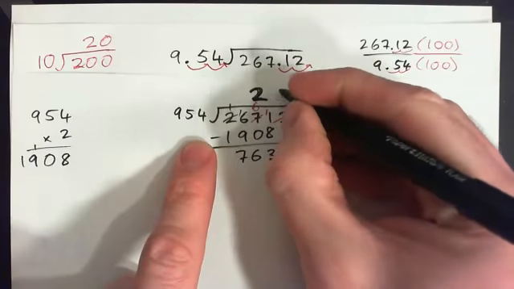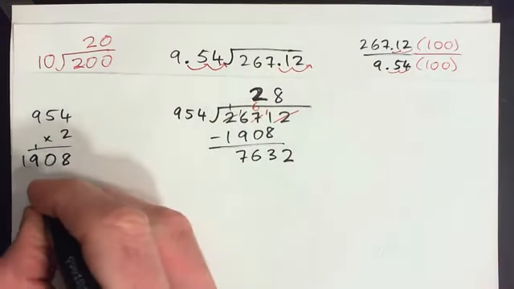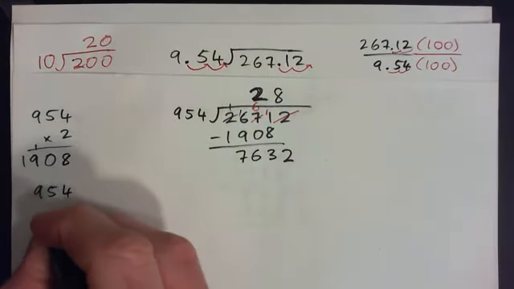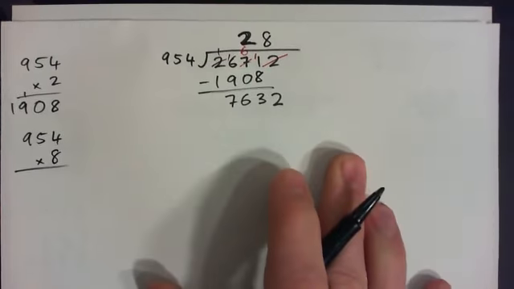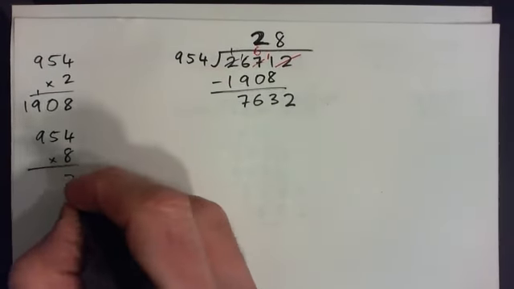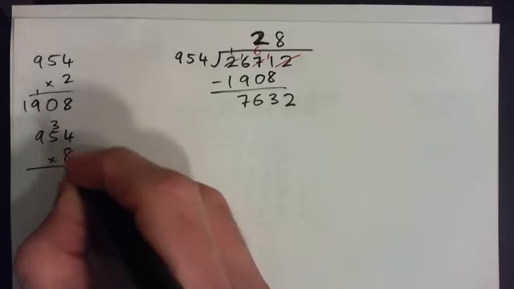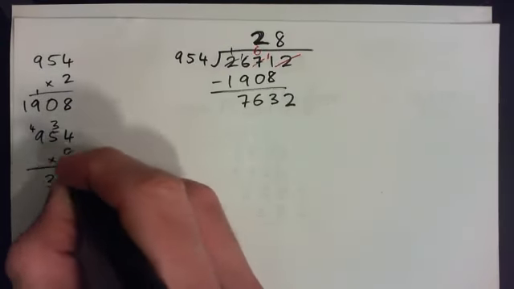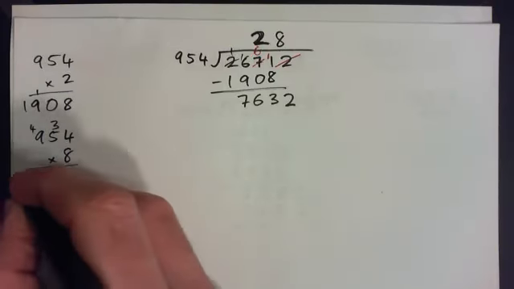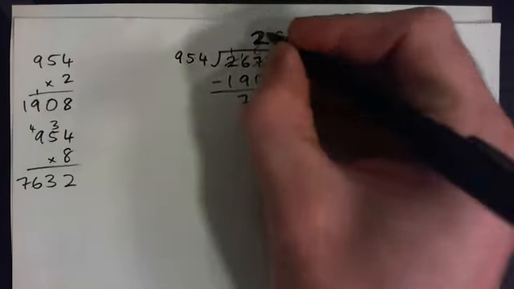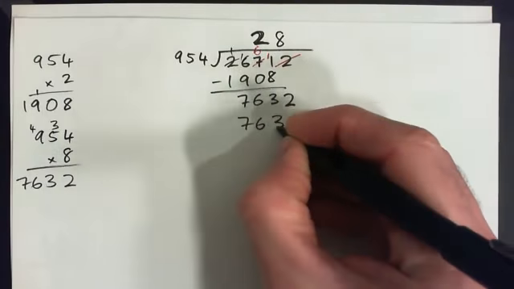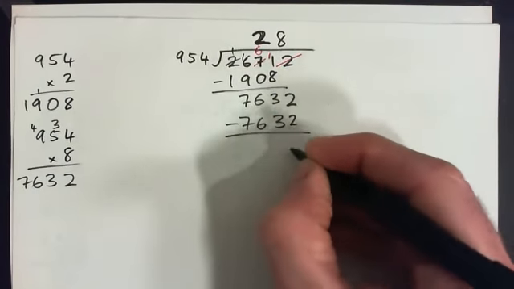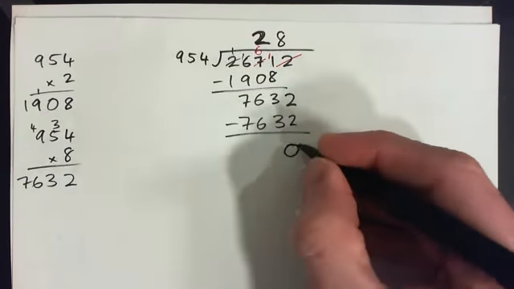So let's try 8. I'll just multiply it here. 954 times 8. 8 times 4, 32. Carry the 3. 8 times 5 is 40 and 3, 43. Carry the 4. 8 times 9, 72 and 4, 76. So guess what? We get 7632. Subtract, and the remainder is 0.